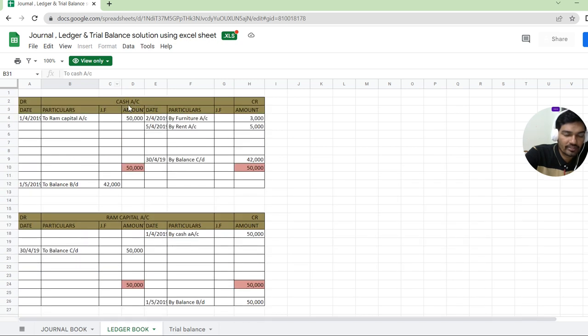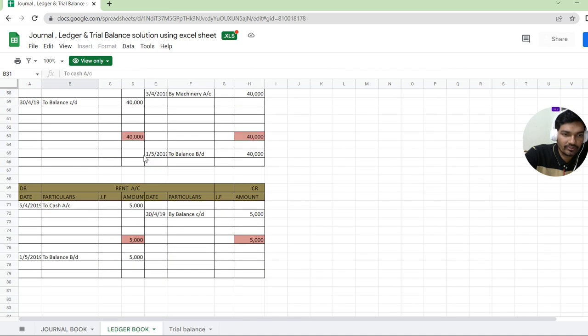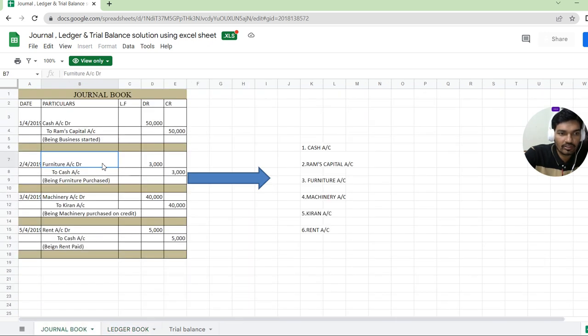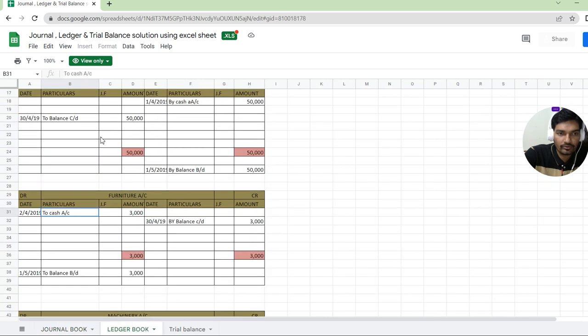The first account is cash account. On the credit side, putting the date 5th April 2019, 'By rent account'. Amount is 5000. So this is the way we need to transfer the journal entries into various ledger accounts. We have transferred all these journal entries into various ledger accounts.